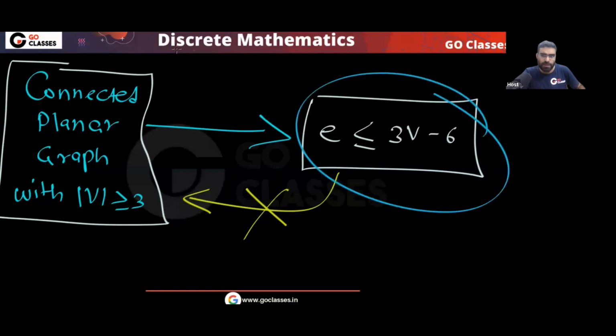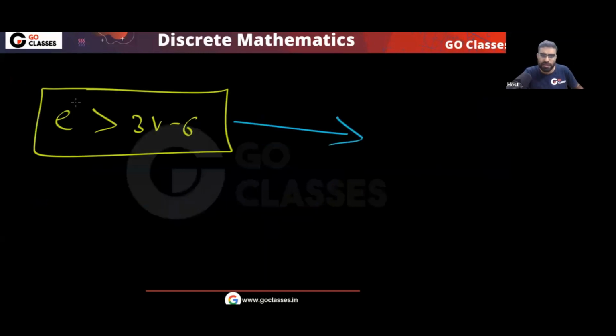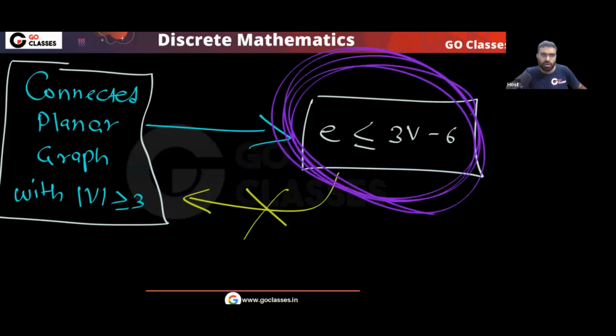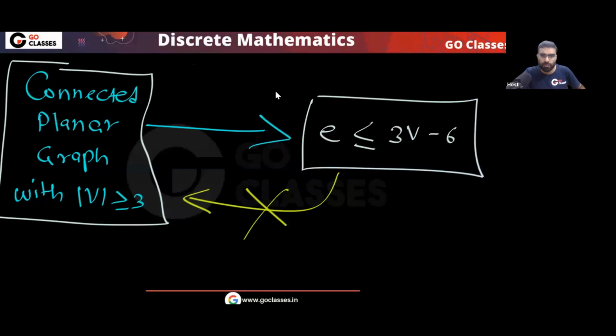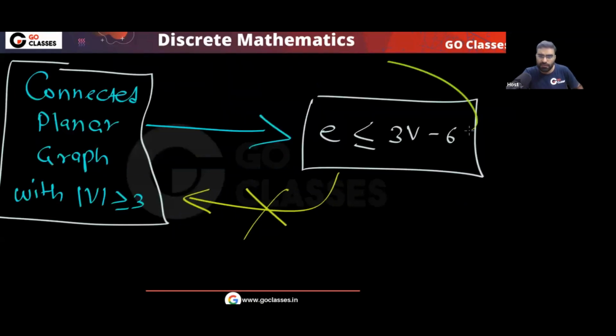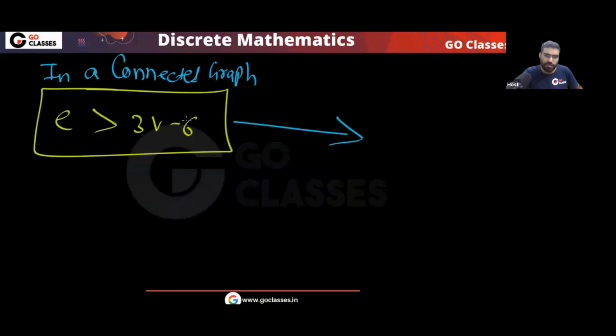If this does not happen in a connected graph, then it means it is not planar. Yes or no? In a connected graph, if this equation is not true, meaning if E is greater than 3v minus 6, then this is not a planar graph.